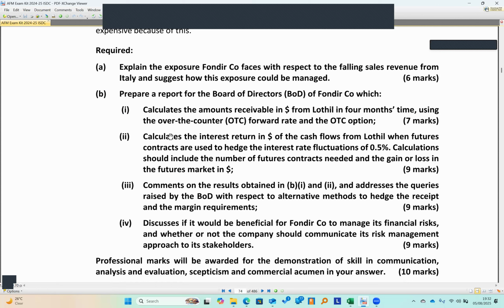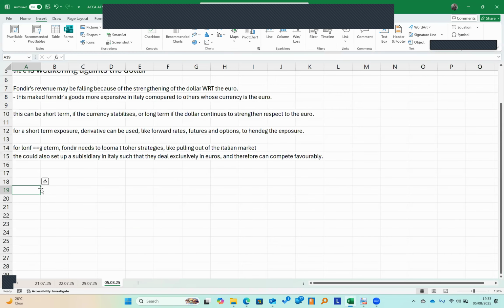What you need to realize is that part 1 and 2 are both calculations, but you have to mention that the amount receivable in this is this one as per exhibit 1. Then you go to the Excel and put exhibit 1 and calculate that amount. So that's what we are going to do.